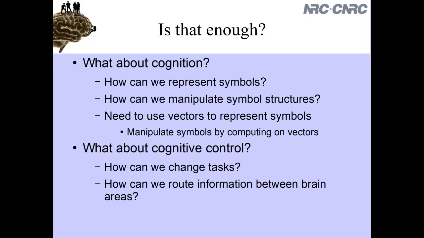Another big one is going to be cognitive control, such that in this situation, route the information from one brain area to another. So what we just implemented with the critter: in some situations, when it wasn't scared, we wanted to route the information from the sensing food part of the brain to the motor system.